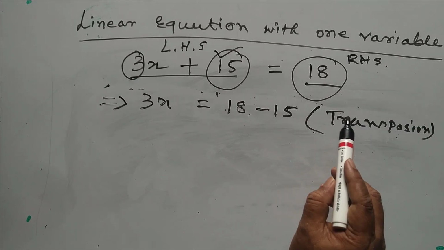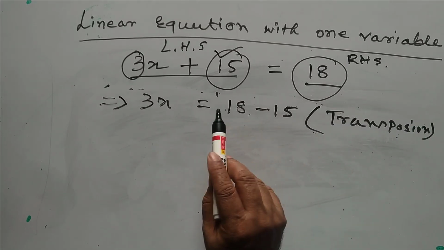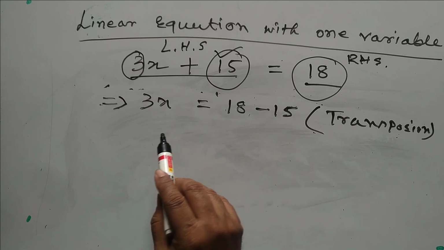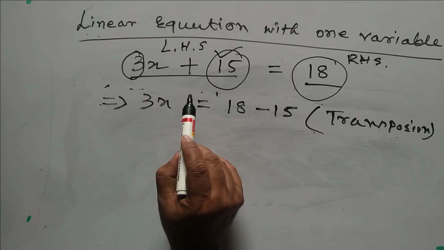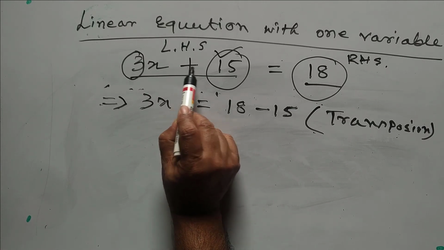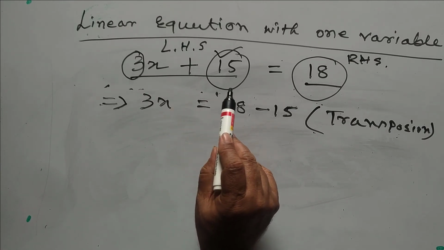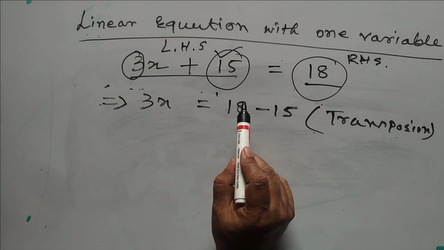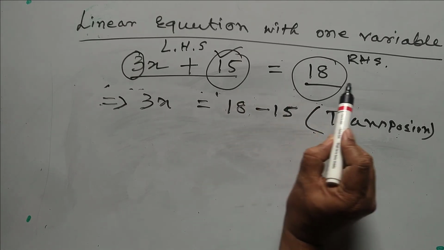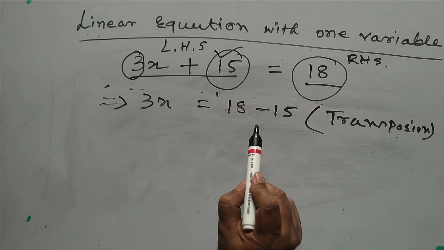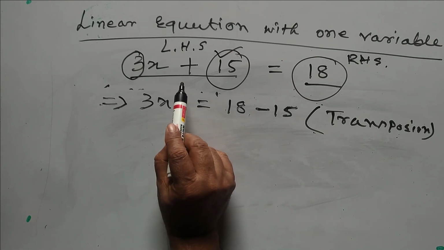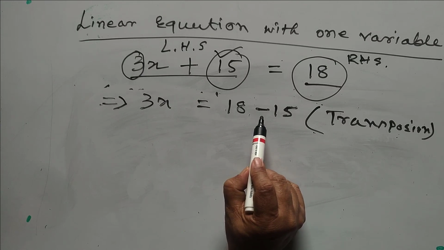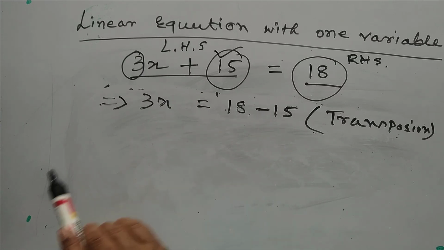There is a rule that whenever you change the side of a variable or a constant, you have to change the sign. Here it is plus 15. So whenever I change 15 to the RH side, I have changed the sign also. This was plus, now it is minus.